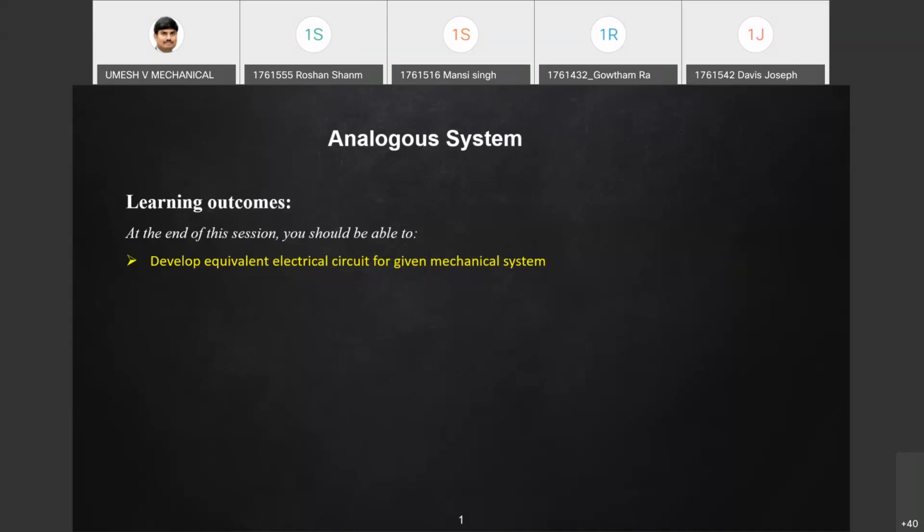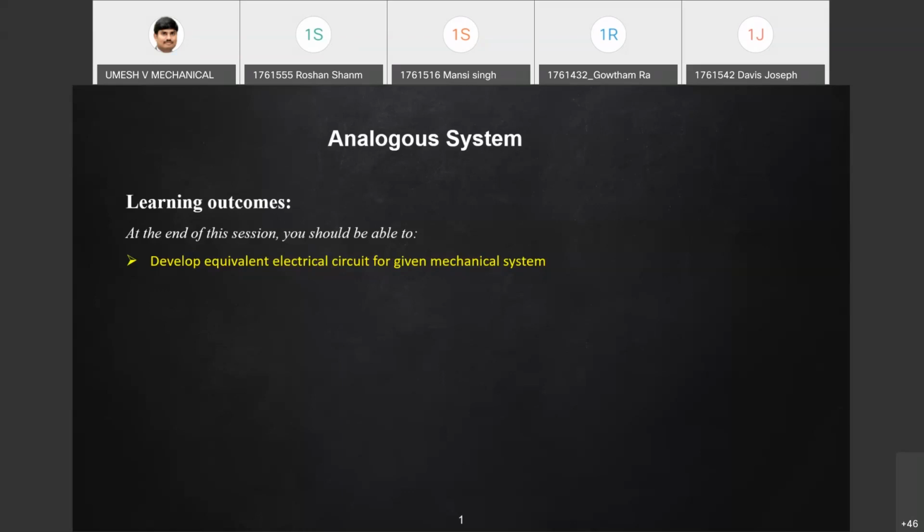Okay. A prototype model for the mechanical system is very costly, and the elements are also more expensive. So instead of creating a mechanical system, we can design an electrical system equivalent to the mechanical system, and that we call an analogous system.